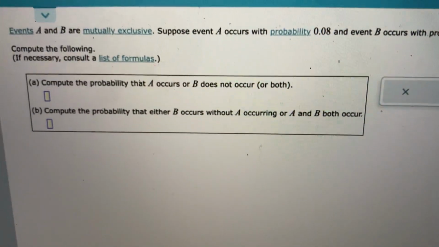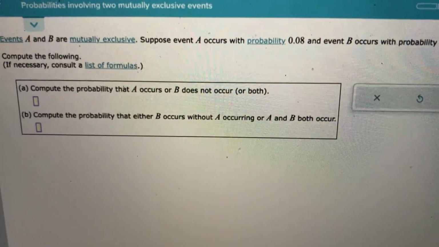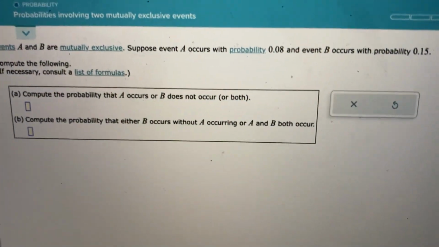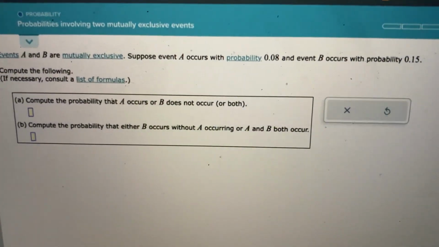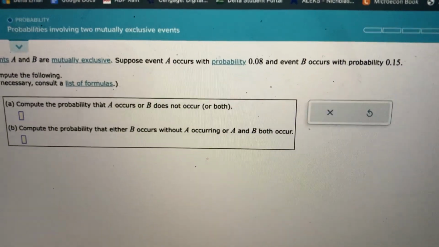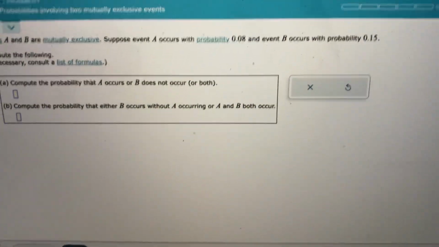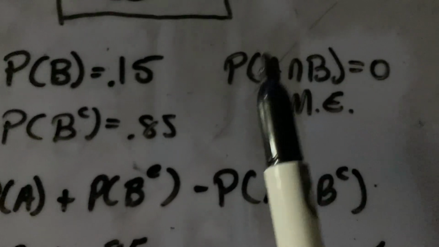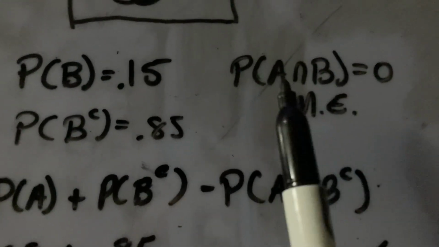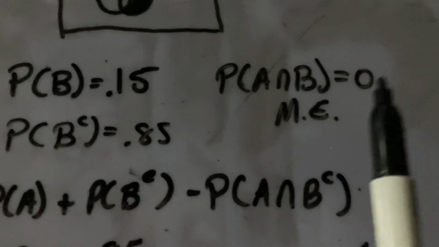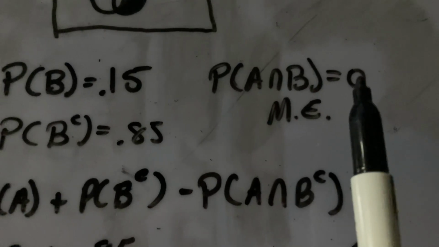Now, the next piece of this problem says, compute the probability that either B occurs without A occurring, or A and B both occur. Well, we know that A and B don't both occur simultaneously because they're mutually exclusive, so their probability is 0.